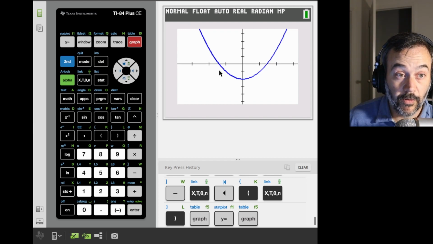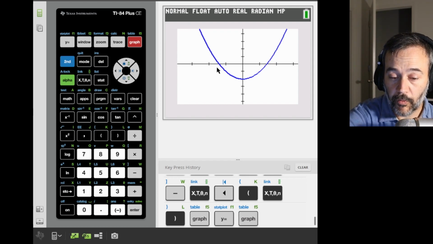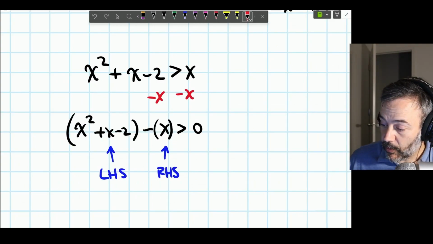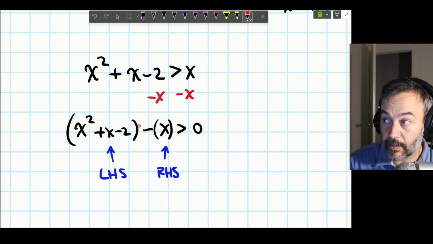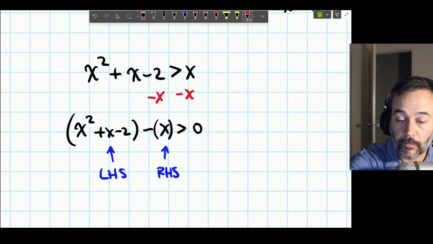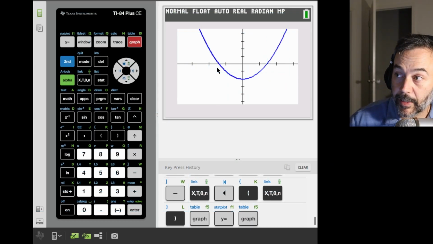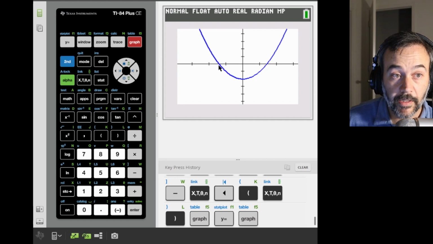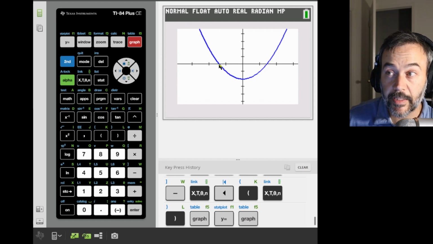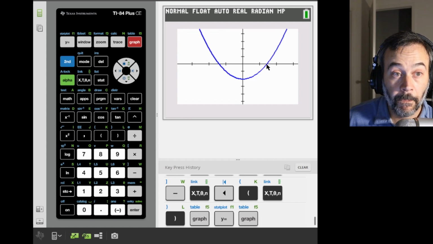Okay, so back to our handwriting work. We want to know when is this new function greater than 0. Well, if we go back to the calculator, we'll see that it's greater than 0 to the left of this x-intercept, and it's greater than 0 to the right of this x-intercept.